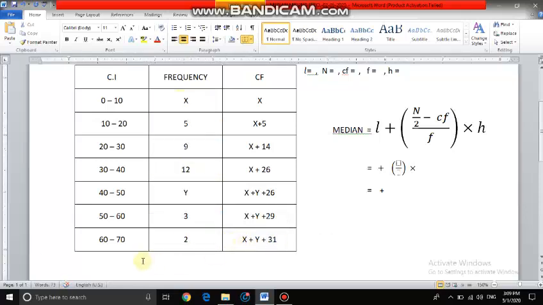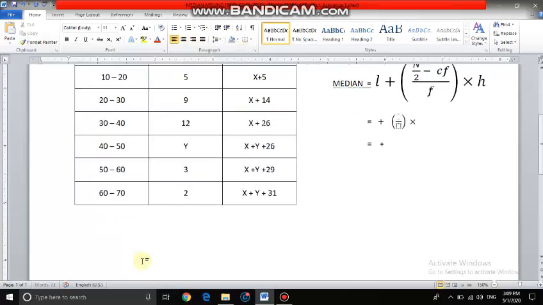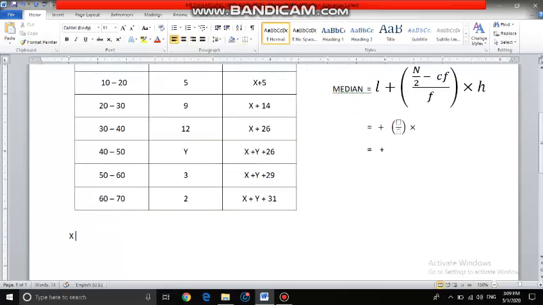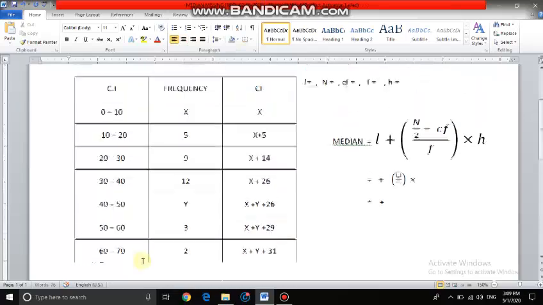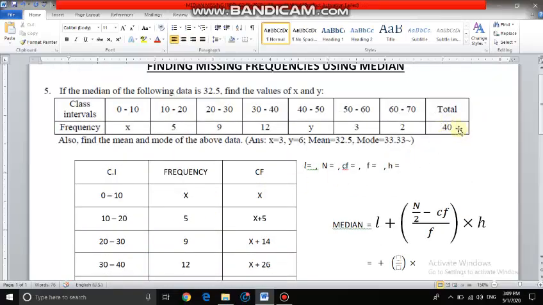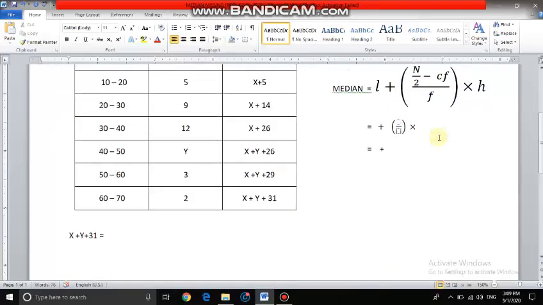Now what is given here? We got x plus y plus 31 must be equal to, what is the given sum of the frequencies here? It is 40. So x plus y plus 31 equals 40. If you simplify, x plus y equals 40 minus 31, which is 9.